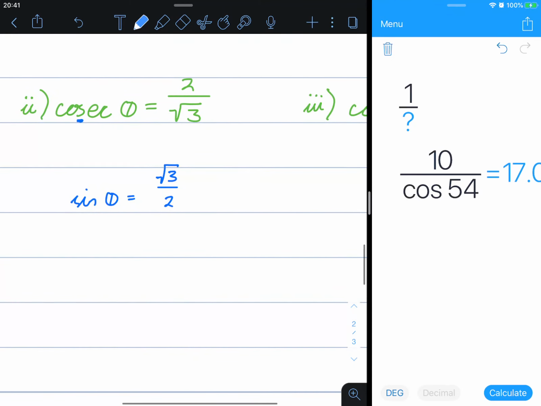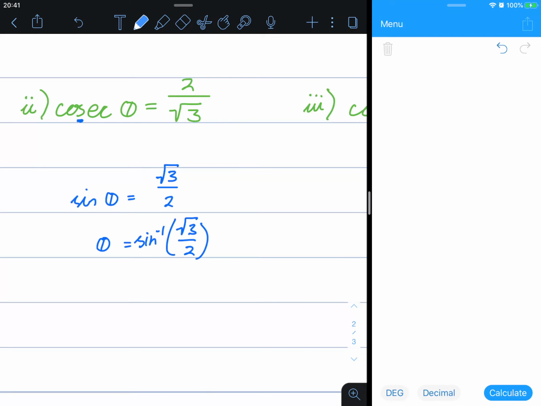And now from here we can solve this. So theta is equal to the inverse of sine of root 3 on 2. So sine inverse root 3 on 2 gives us exactly 60 degrees.